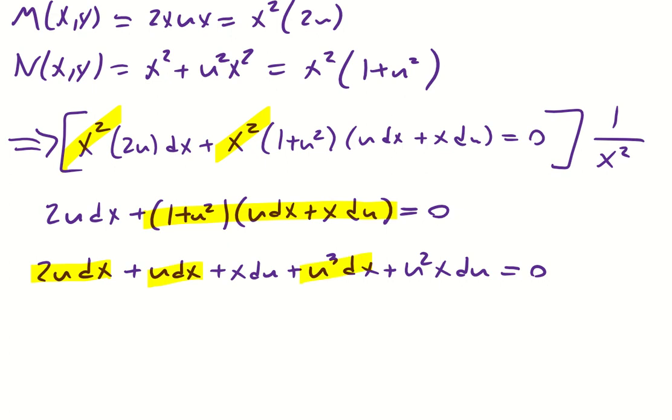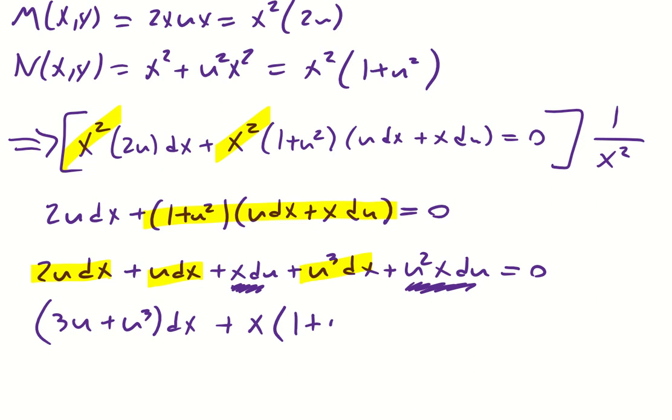Let's group these things together. 2u dx plus u dx is 3u dx. So we have 3u plus u cubed dx plus, here's a du, here's a du, and we'll factor out that x. So we'll say x times the quantity 1 plus u squared du is equal to 0.